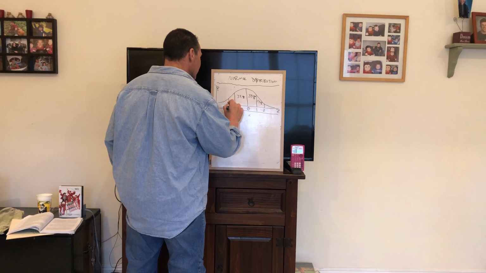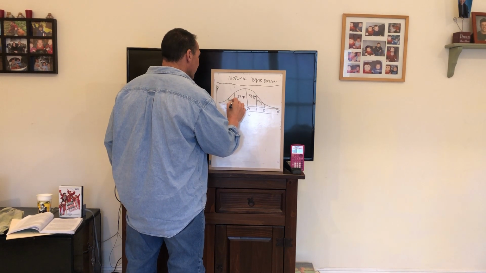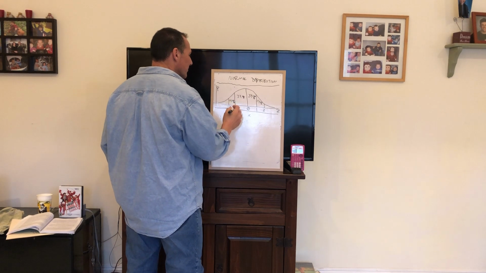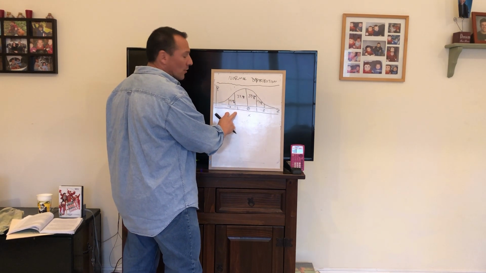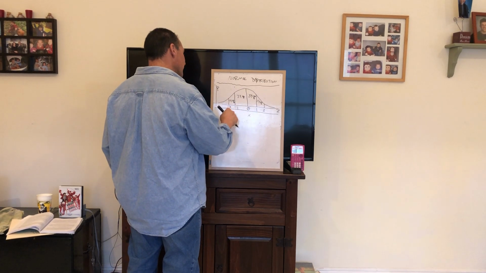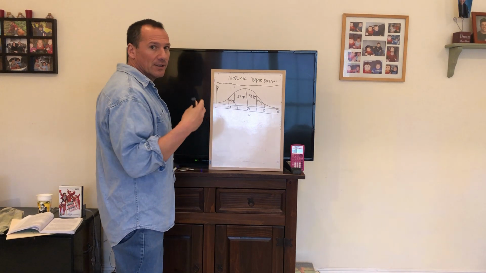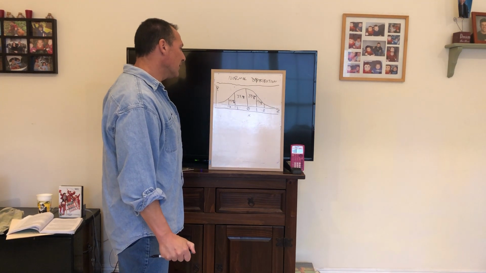And since it's symmetrical, about 14% of a normal distribution is found between -1, or one standard deviation below the mean, a z of -1, and a z of -2, meaning two standard deviations below the mean.